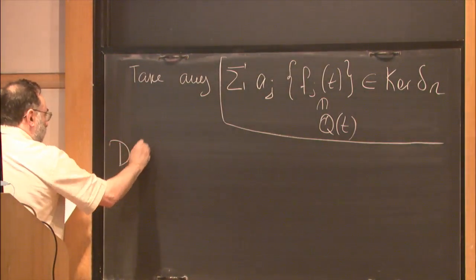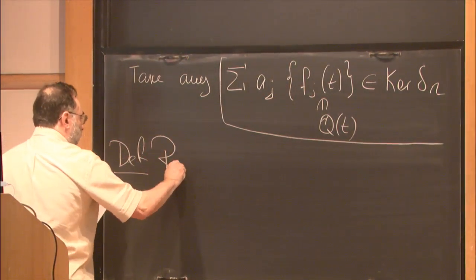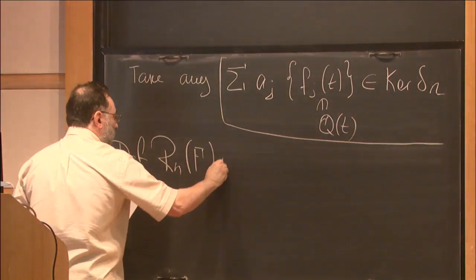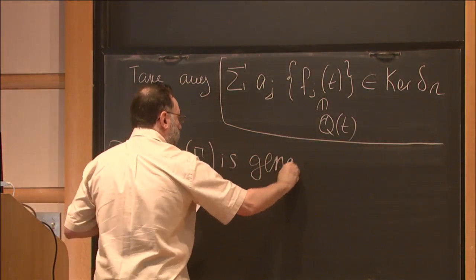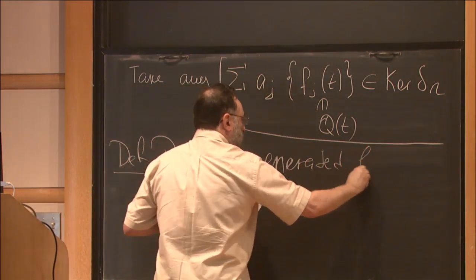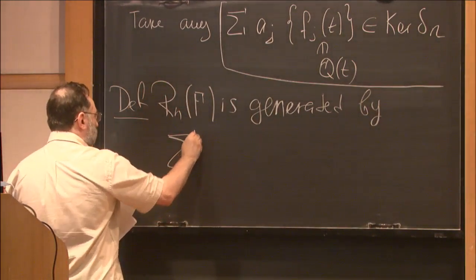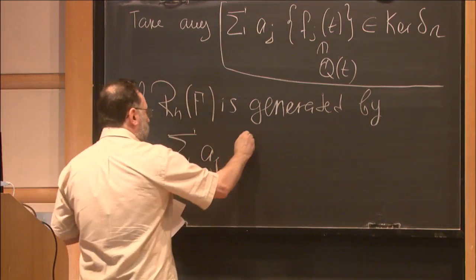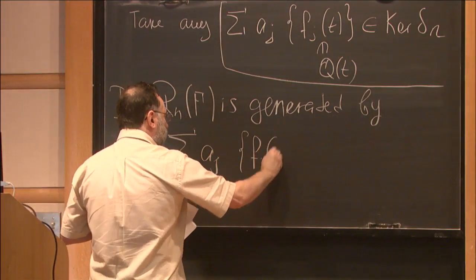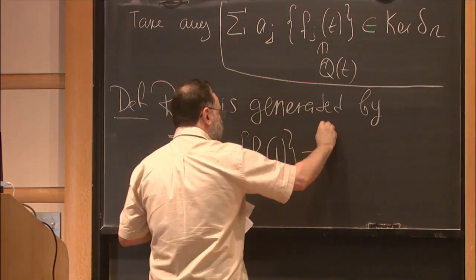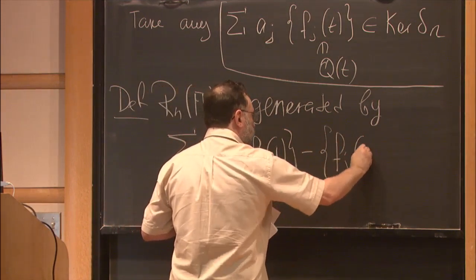So we define this Rn of F is generated by the following expressions. You take the sum of aj, and then you put your rational function evaluated at 1 minus the same function evaluated at 0.